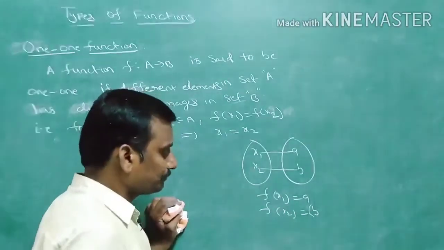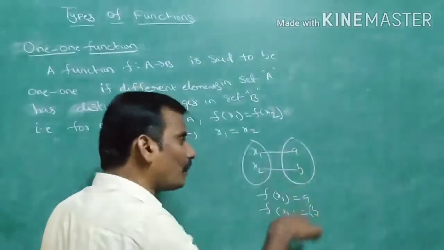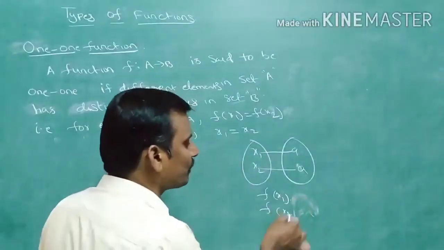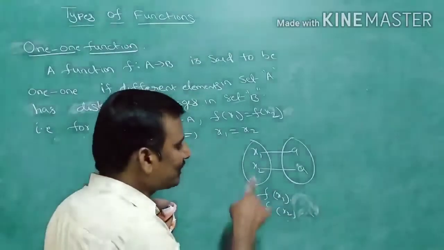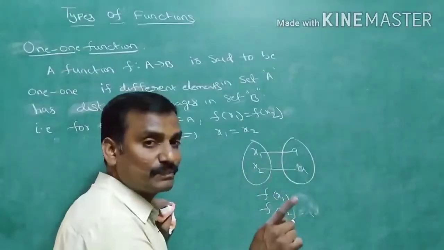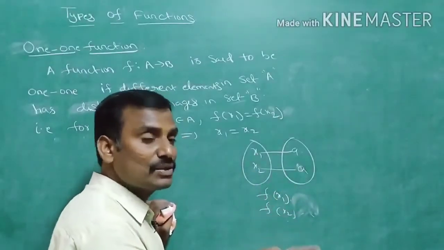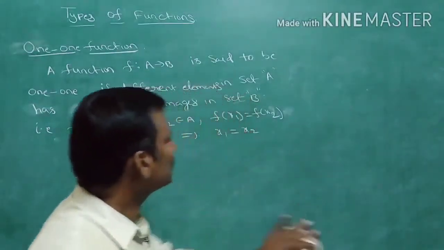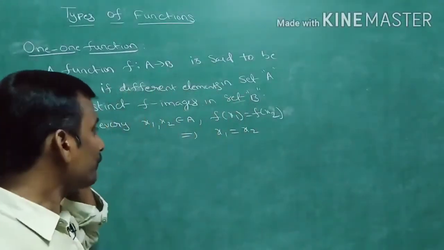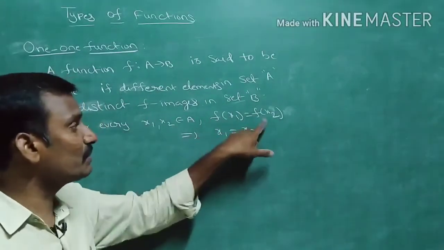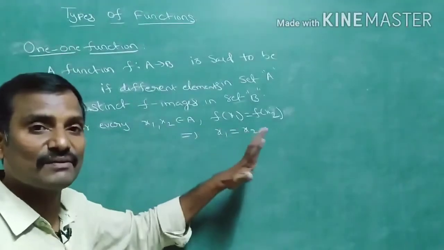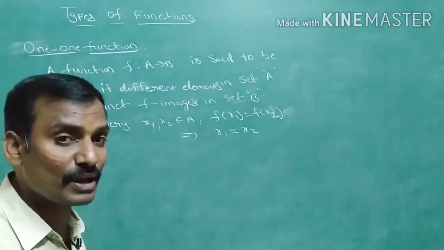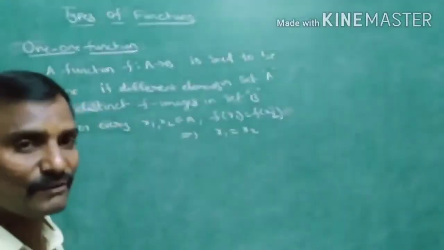If these two are equal, then f of x1 is equal to f of x2, which means x1 is equal to x2. In this case, function f is one-one. If you show f of x1 equal to f of x2 implies x1 equal to x2, for all x1, x2 belonging to the domain, it is the one-one function.